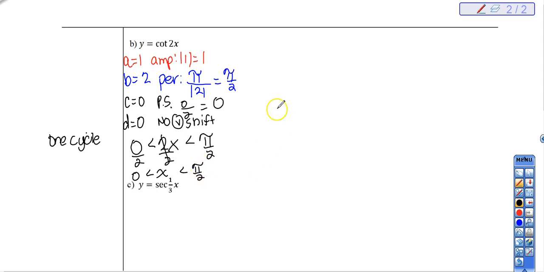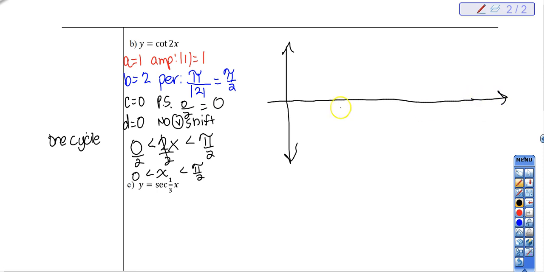So there's one cycle. And I think that's at least draw 2. Your y-axis doesn't need to be quite as deep. And we don't really have to graph much to the left. So we're going to just put in 0 and pi/2 and pi and 3pi/2. That's good.